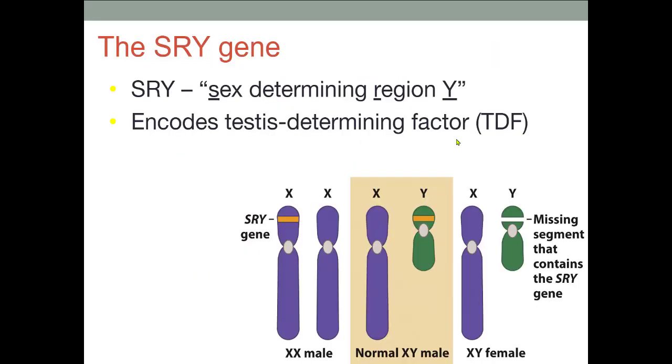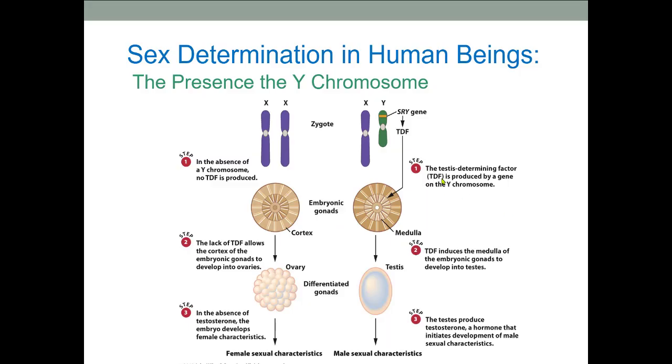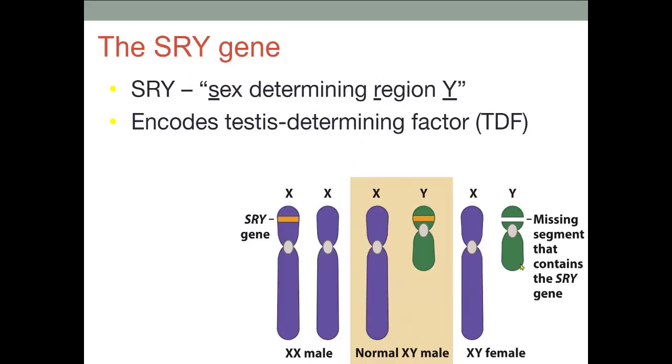So what if we had some weird genetic thing that deleted or inactivated that region? We talked about mutations. What if we had a hypomorphic or a null allele in that gene? Well, now an organism that was XY from a chromosomal standpoint would not have that key region, would not produce the testis-determining factor, would not generate a testis, would not generate testosterone.